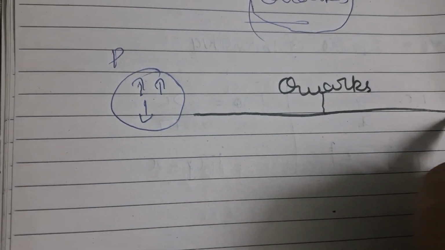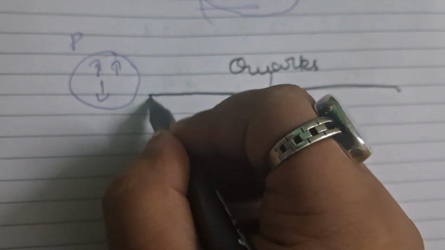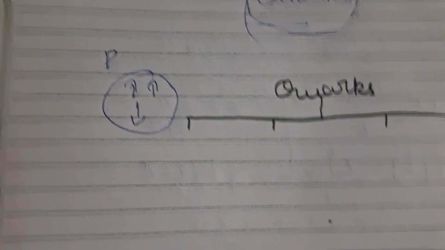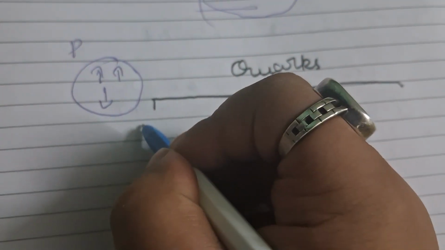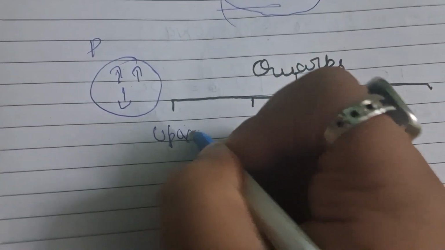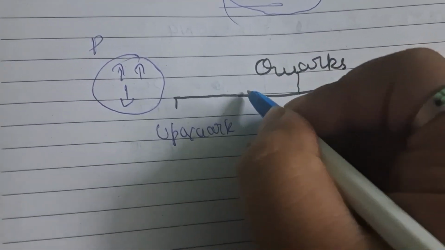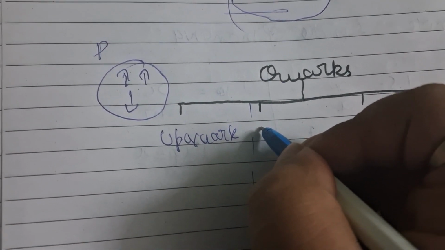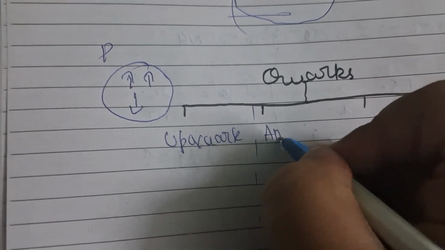Four types of quarks. The first is the up quark. Second is the anti-up quark.